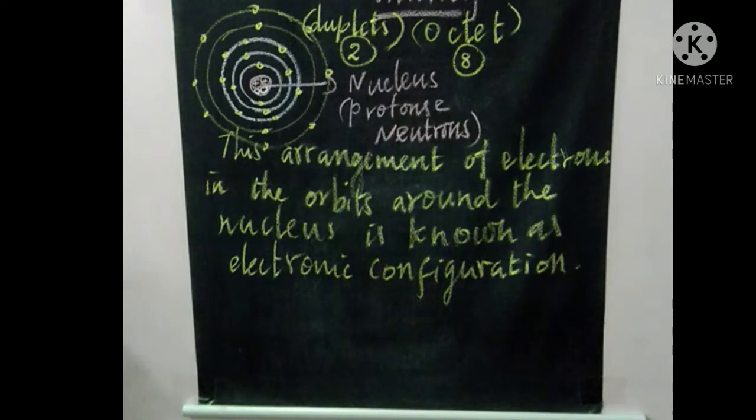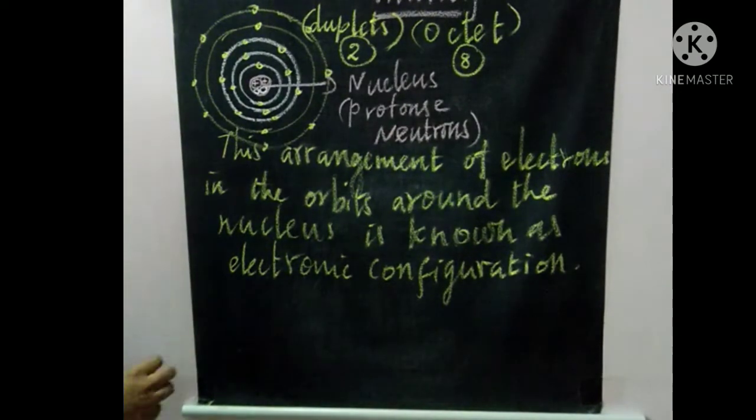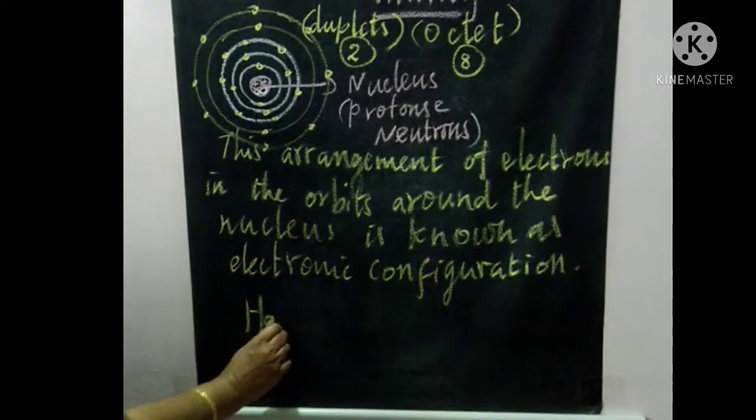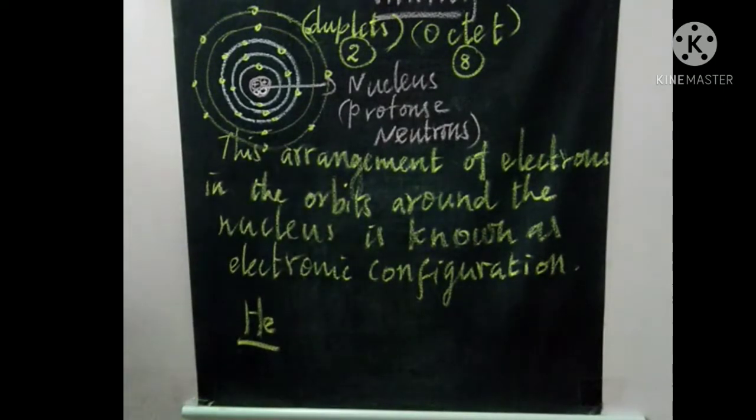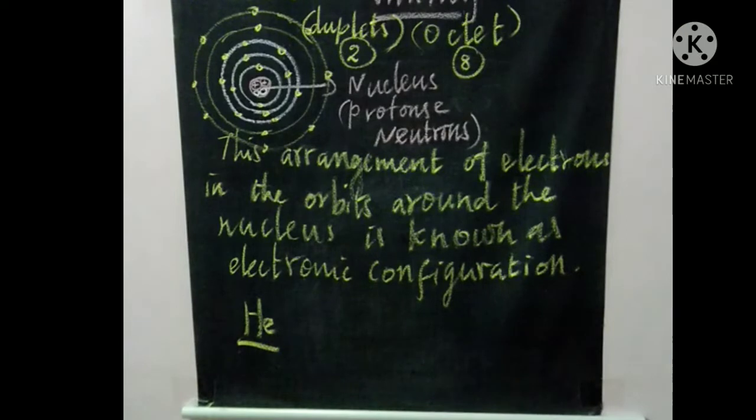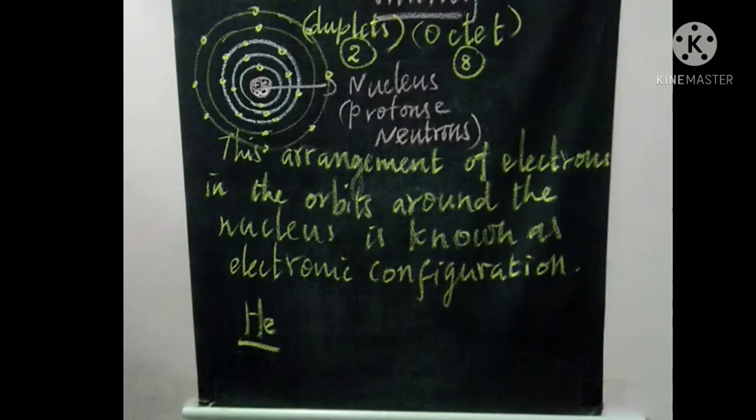For example, helium. What kind of element is helium? It's a non-reactive element, an inert gas. Why? It has 2 electrons in its outermost orbit, so it is chemically inert.